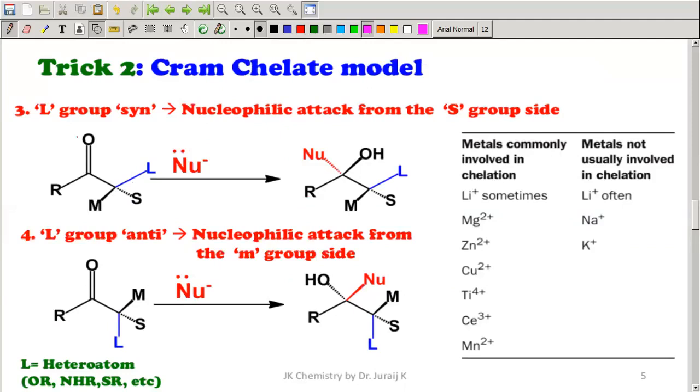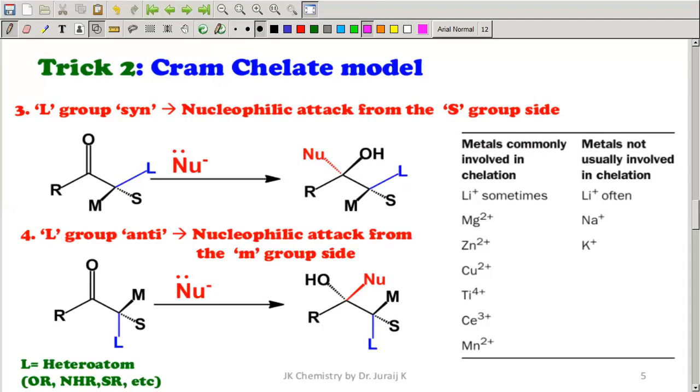Here, if it is syn, attack takes place from the small group side. And if the large group is anti, attack takes place from the side of the medium group. It's just opposite to whatever we discussed.